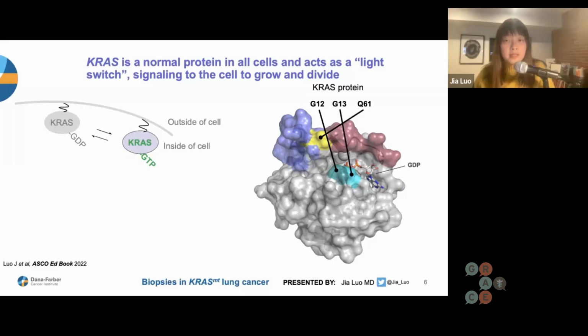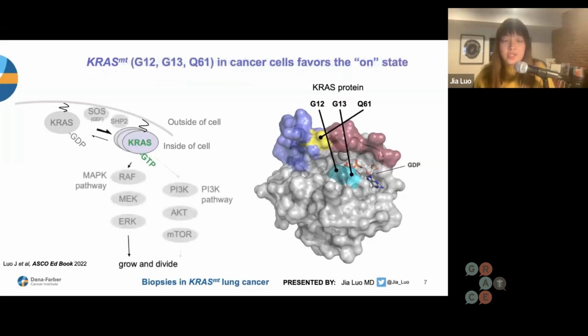On the right-hand side, you can see that KRAS protein positions 12, 13, and 61 are quite close to the GDP pocket. Just that minor switch from a G to a C at position 12, for example, changes KRAS to favor the GTP bound on state.